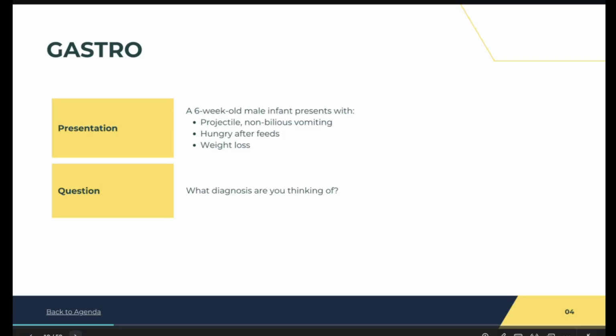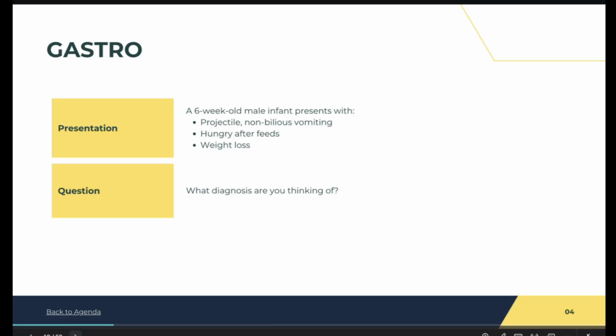I'm going to move on to a gastro case now. So we're talking about a very small baby, a 6-week-old male, and the infant presents with projectile non-bilious vomiting. And after feeds, the baby still appears to be hungry and has lost weight. While it's normal to lose a bit of weight once you're born, this has been a bit more in this kid, and he's 6 weeks old.